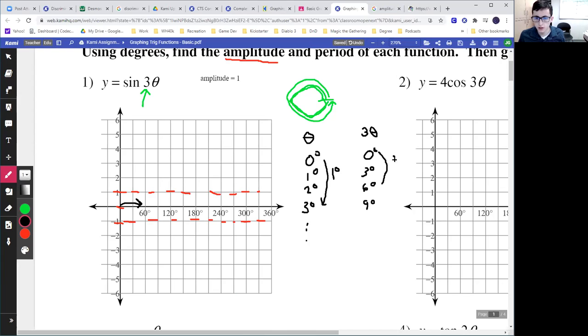This is going 3 degrees per step. So this one is cycling through all of the degrees 3 times as fast as this one. Does that make sense? Give me a yes or a no in there, that this one is cycling 3 times as fast as that one through the degrees.